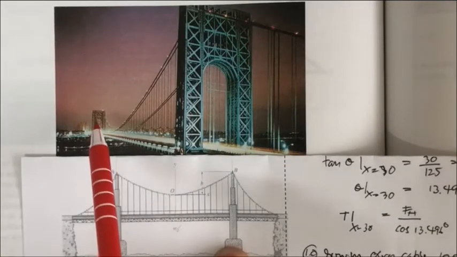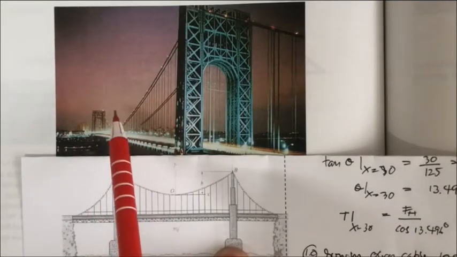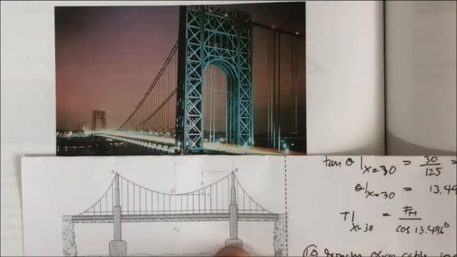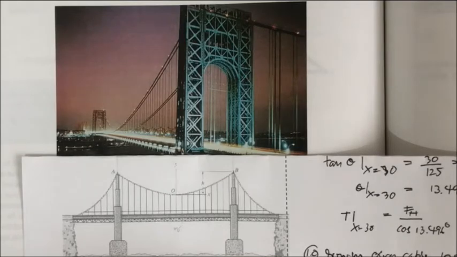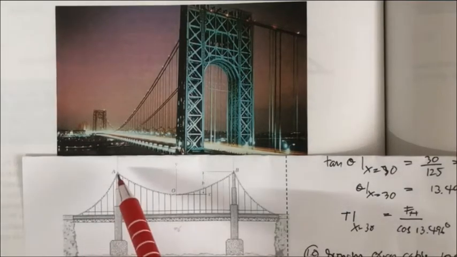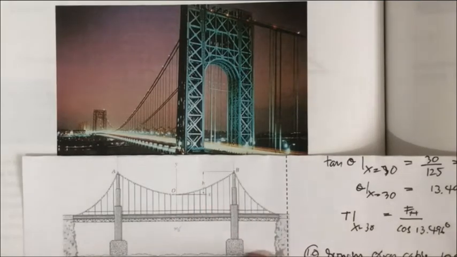For the real bridge, there are two cables, on the left and on the right. In our model, we just take one, so we only consider one cable.